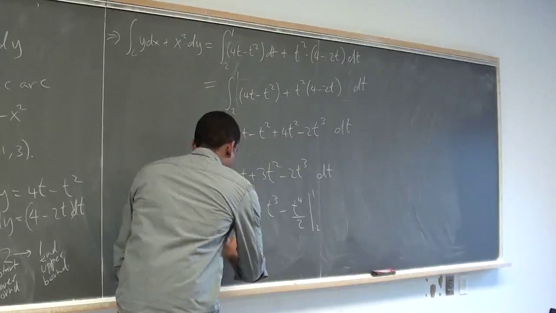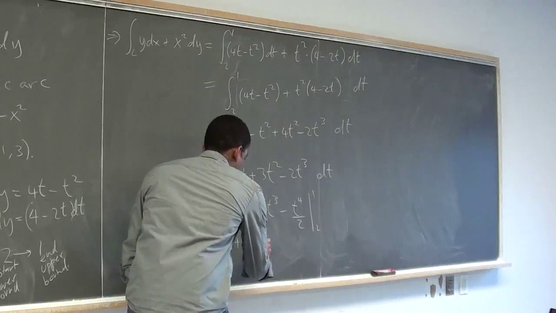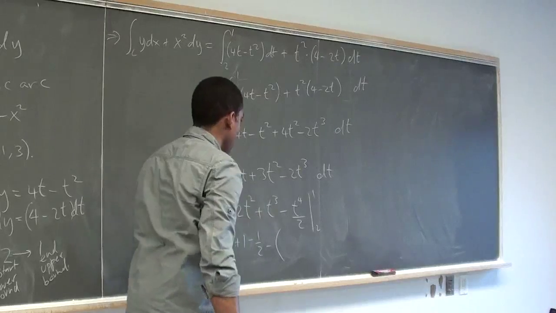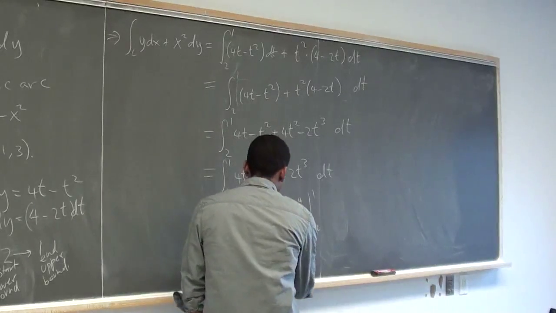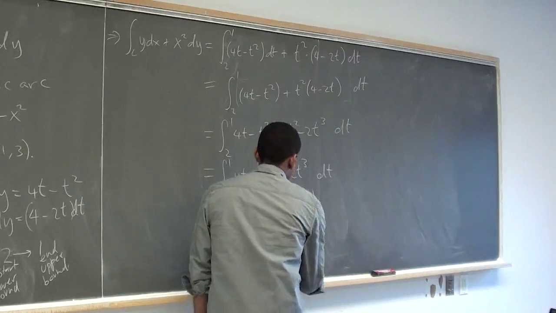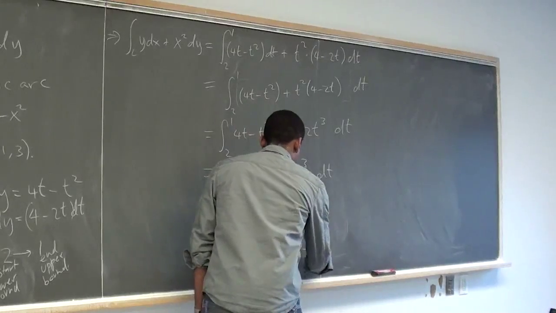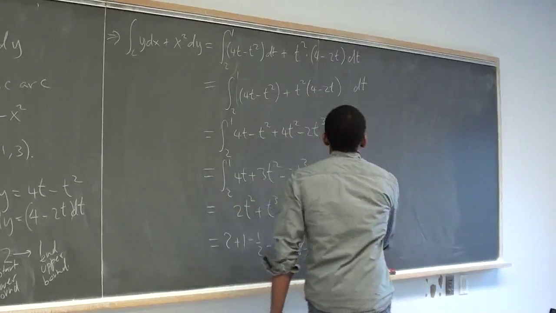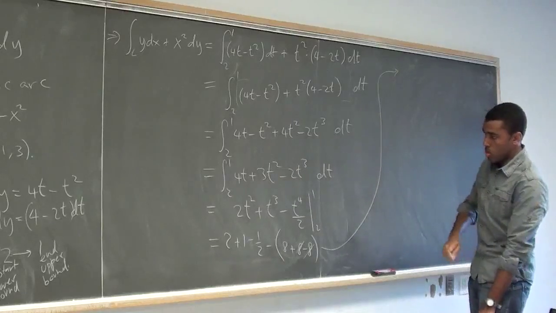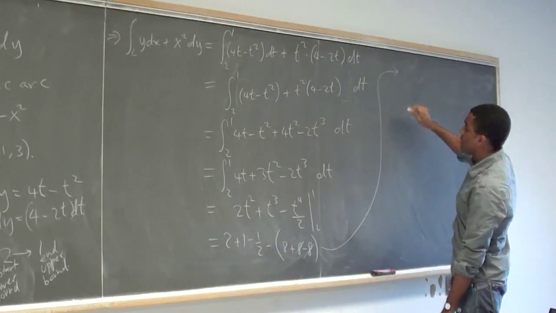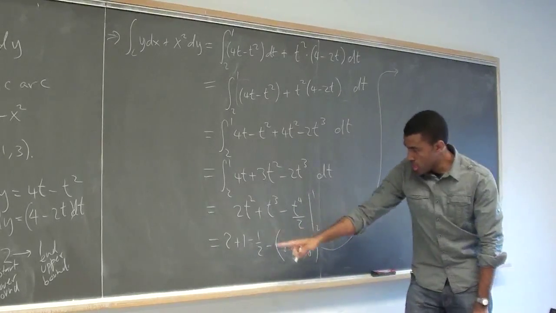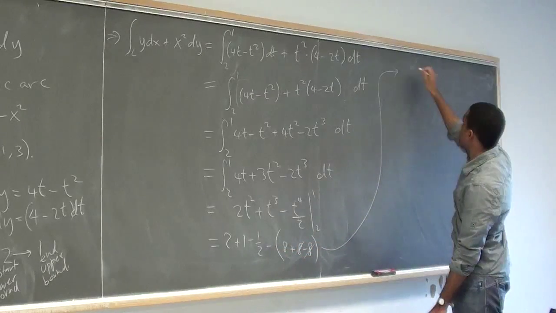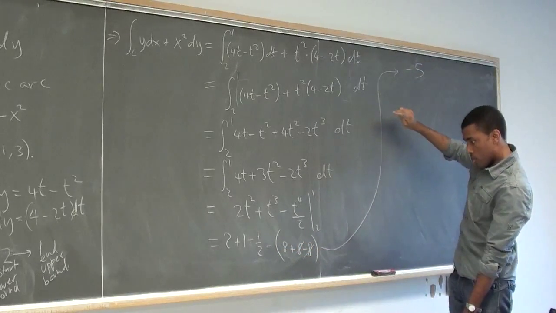So if you plug in 1, you get 2 plus 1 minus a half, minus open bracket. You plug in 2, you get 8 plus 8 minus 8. Right, so this is 2 plus 1, this is 3 minus 8, that's minus 5, minus a half.